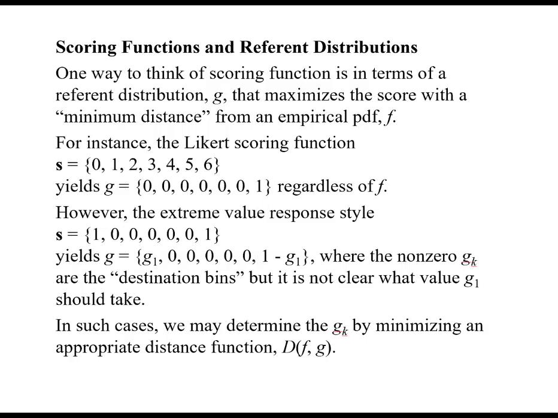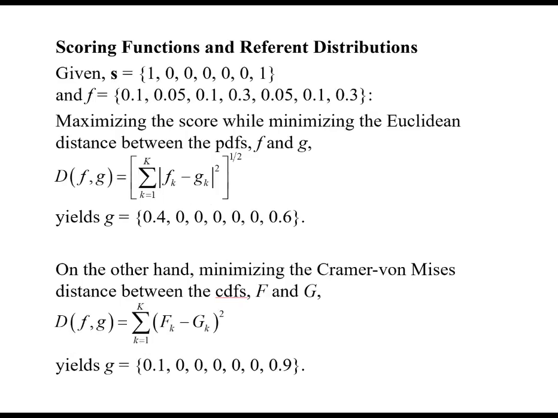So in those cases, we can determine G1 by minimizing an appropriate distance function, which I'm going to call DFG. So given our extreme value response scoring function, S, and given an arbitrary PDF, F, that I've got here, if we maximize the score while minimizing the Euclidean distance between the PDFs F and G, then that gives us a referent distribution G that has 0.4 down at the bottom and 0.6 up at the top.